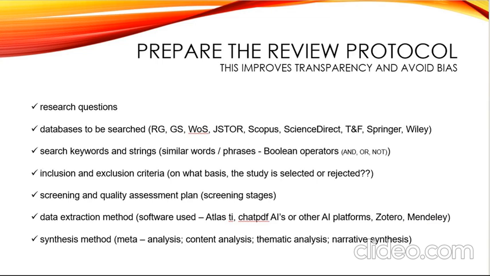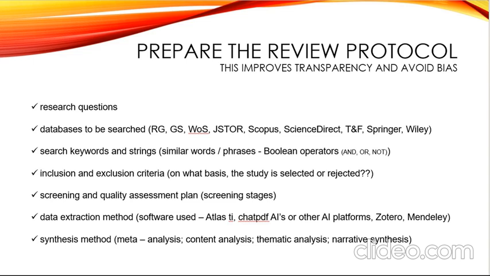This is like a blueprint for your systematic literature review, right? First, you should clearly state the research question or objective explicitly in your study. The second one is the databases to be searched, that is, how you are going to search your literature. For that, you should mention the databases.